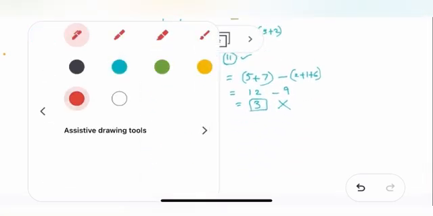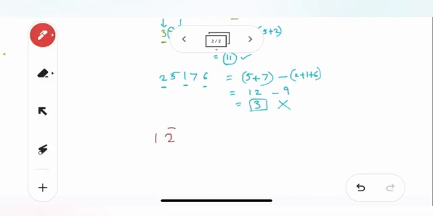Now let us see the divisibility test for 12. The number is divisible by 12 if it is divisible by both 3 and 4. That means the number should go in the table of 3 and in the table of 4. Example: 48. It goes in the table of 4, that is 4 twelves are 48.